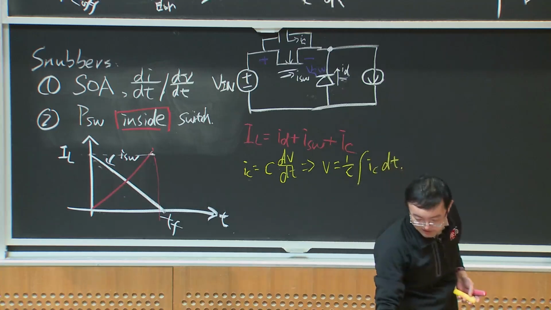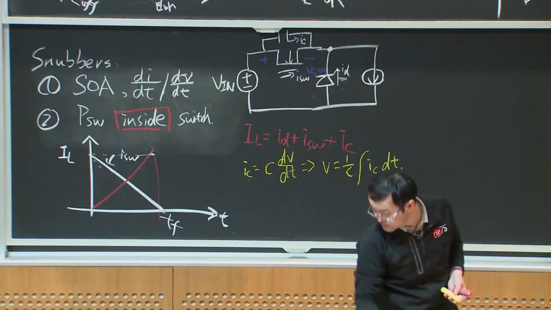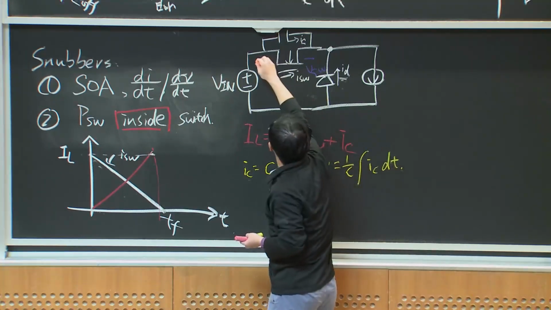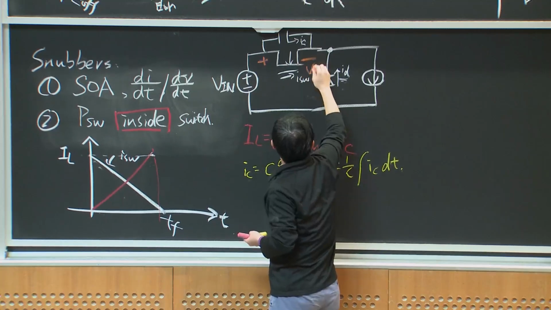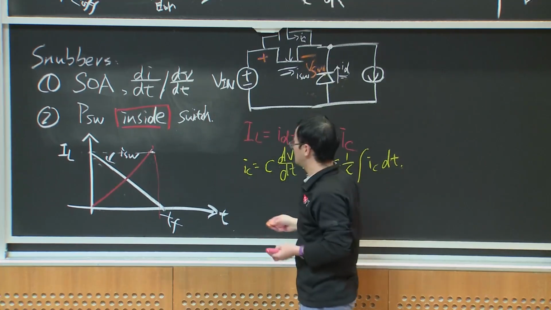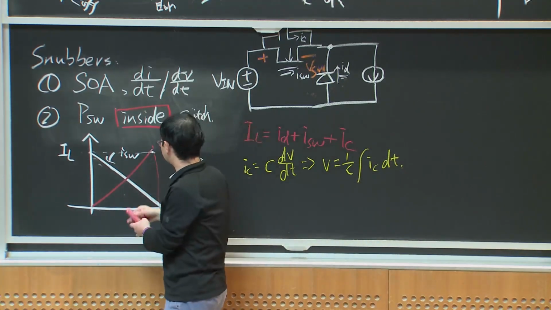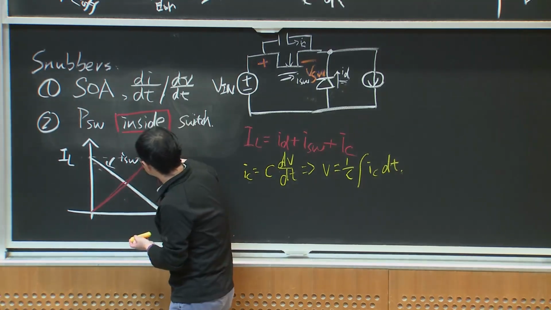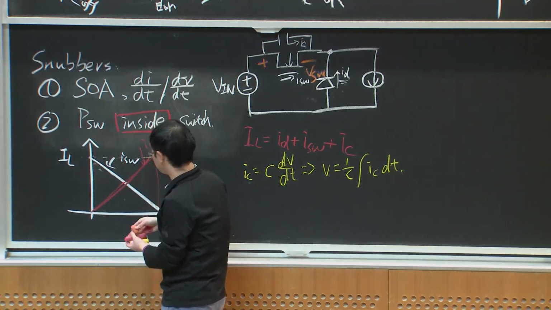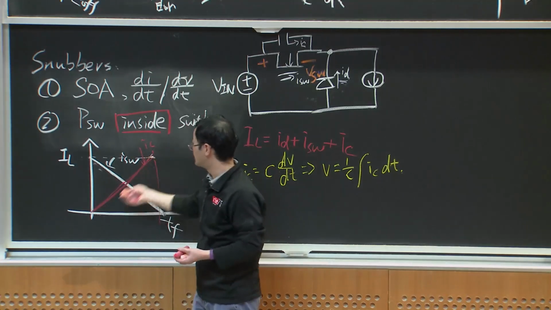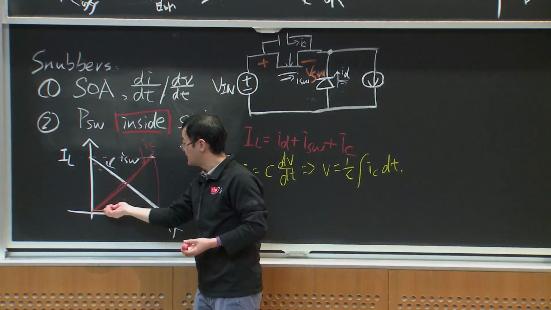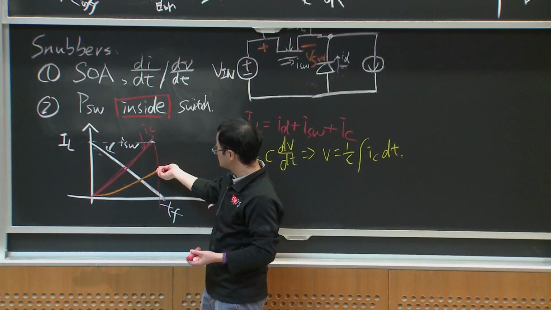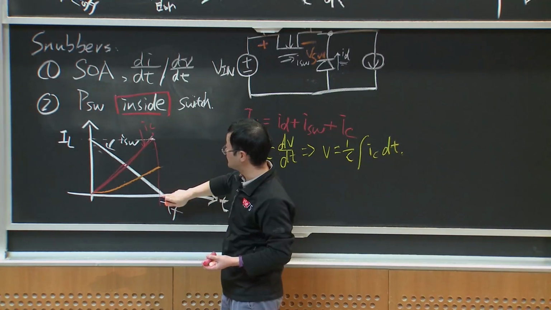Maybe I should change to another color. So if we draw the waveform, this will be the capacitance current. If we draw the capacitance voltage, because this is linear, the integral of a linear will be quadratic. So at this time, the switch current will be off.